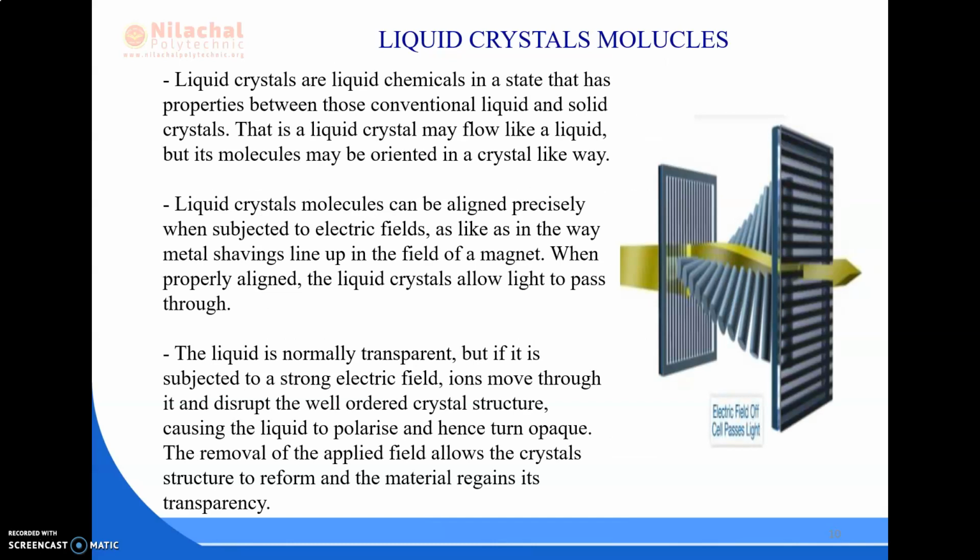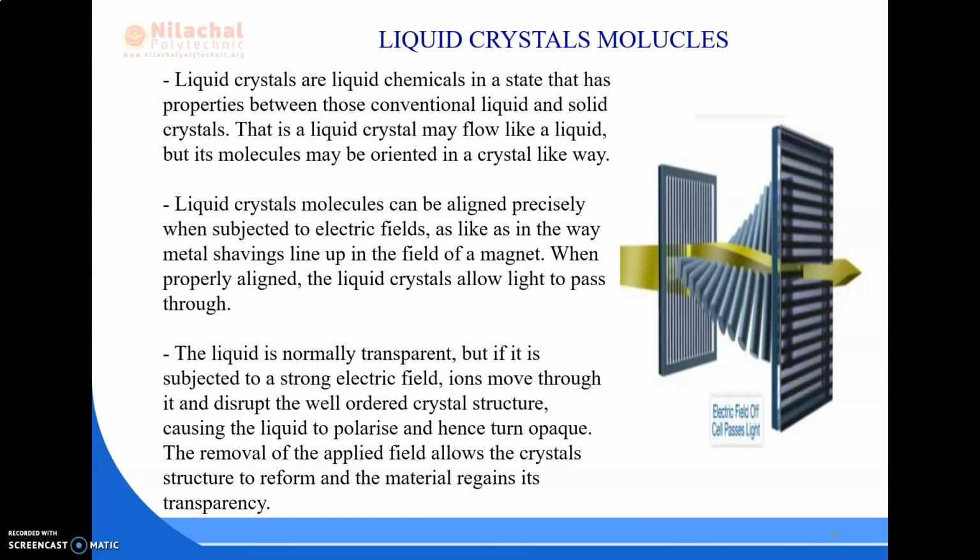Let's see the working principle. Liquid crystals are liquid chemicals in a state that has properties between those of conventional liquids and solid crystals. That is, a liquid crystal may flow like a liquid, but its molecules may be oriented in a crystal-like way. The liquid crystal molecules can be aligned precisely when subjected to an electric field, in the way metal shavings line up in the field of a magnet.